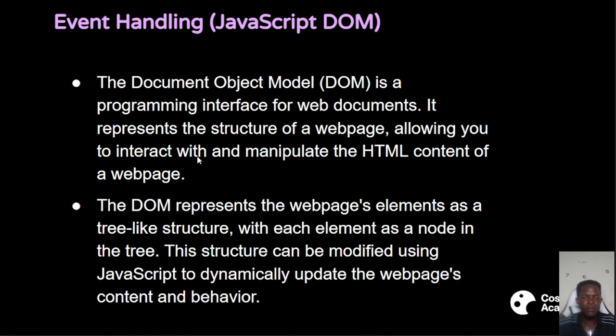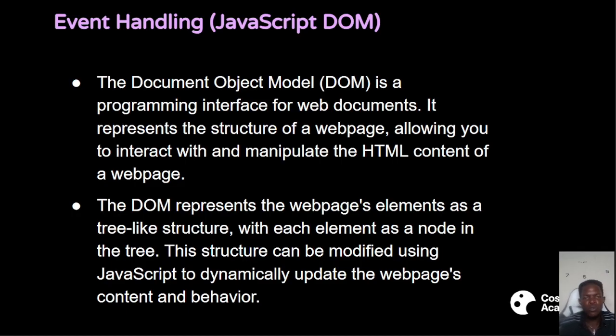The DOM represents the web page elements as a tree-like structure in an object, with each element as a node in the tree. The structure can be modified using JavaScript to dynamically update the web page's content and behavior. So why do you need to know about the DOM?